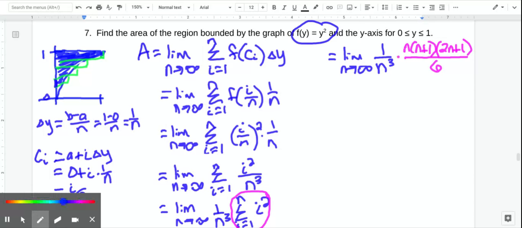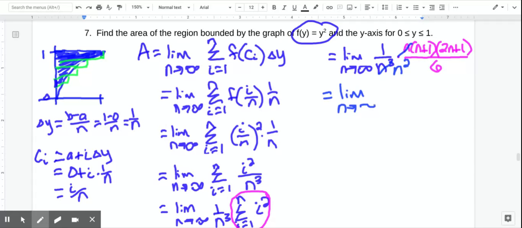All right, now it's time for some algebra. I am going to go ahead and cancel one of those n's right now because I can. So in the numerator, I'm going to FOIL that out. So we get 2n squared plus 3n plus 1 all over 6n squared.